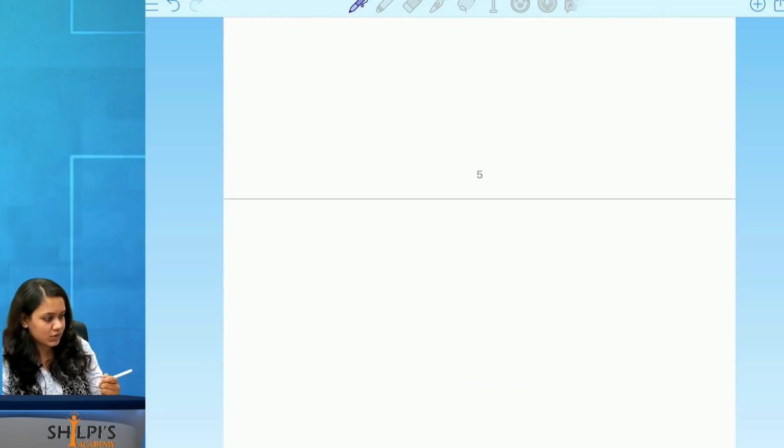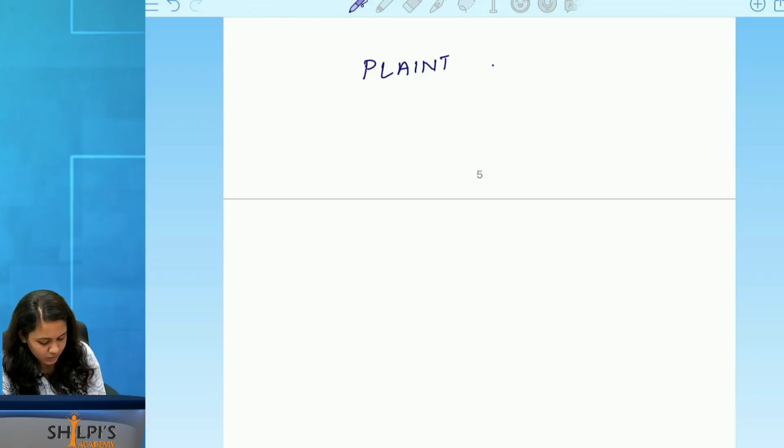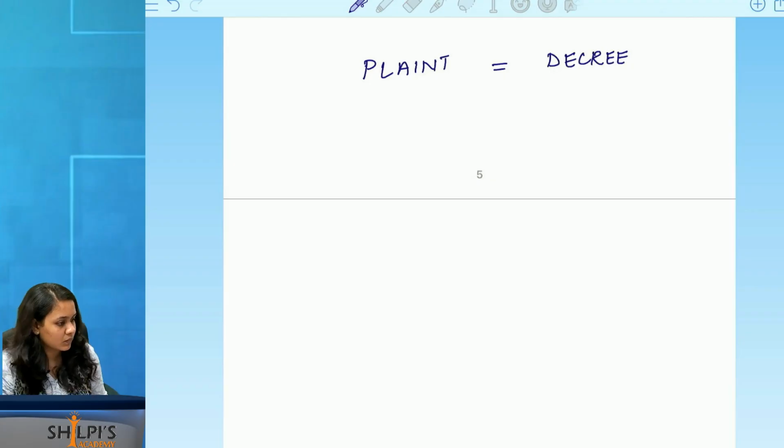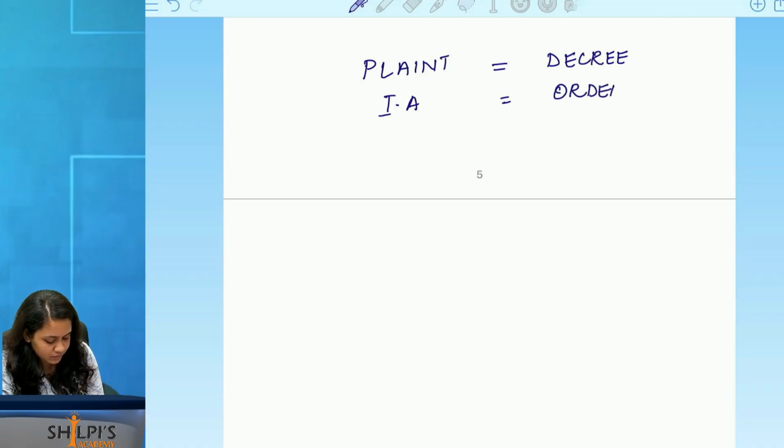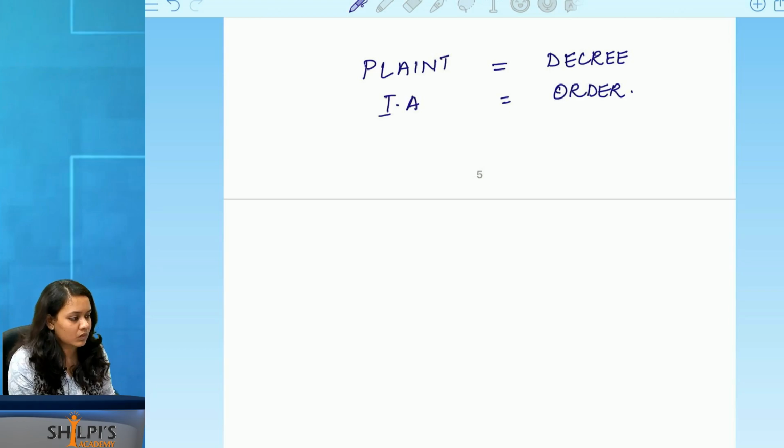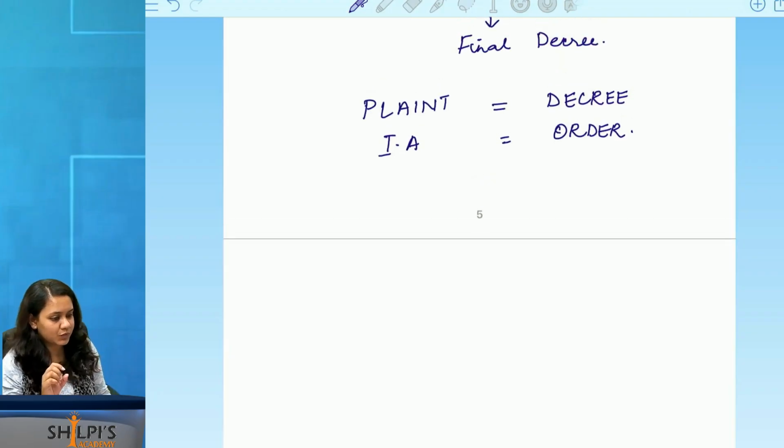Please also note this down, okay? Just note this as a side note. If you submit a plaint, you will get a decree. If you submit an interim application, you will get an order. Okay? What is the difference between a decree and order?